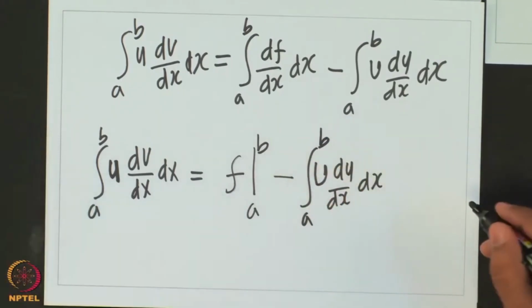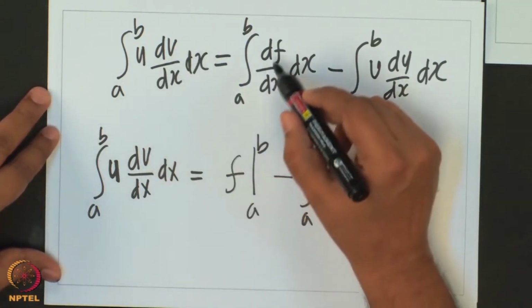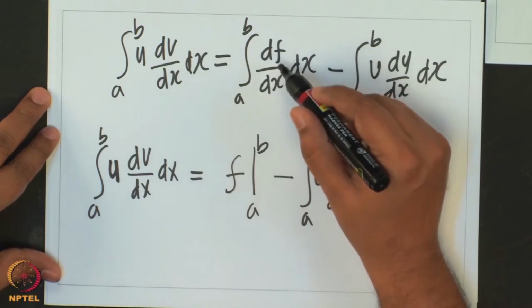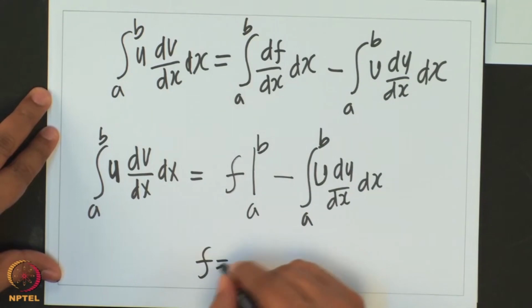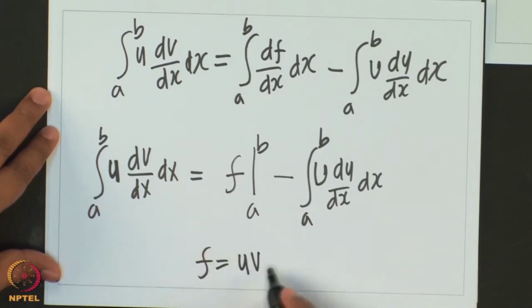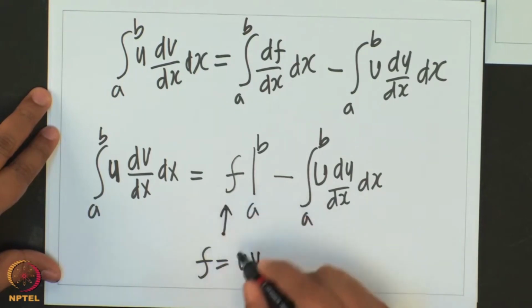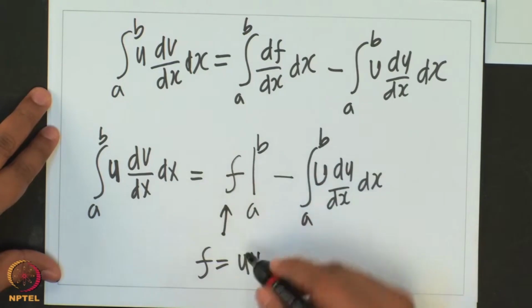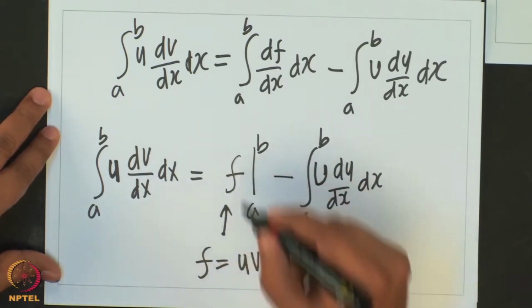So the integral of u dv by dx is going to be this function f. Now what is f? f is uv, because we started with the function uv, and found df by dx is u dv by dx plus v du by dx. So our function f is uv.